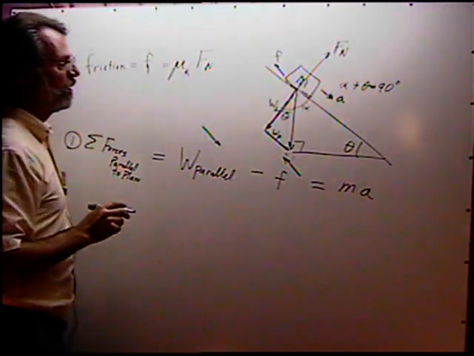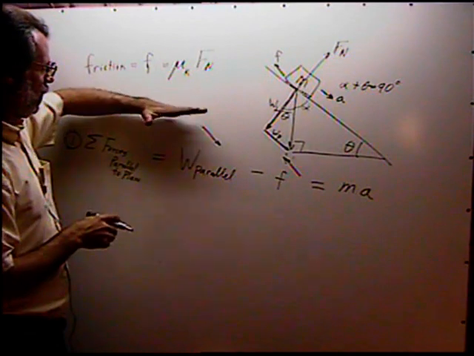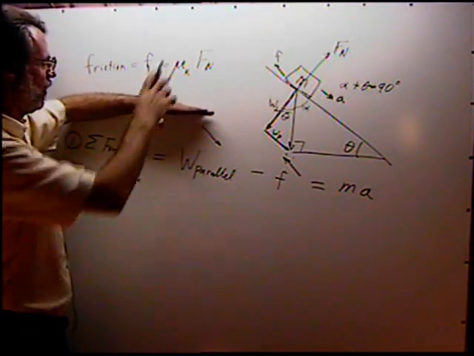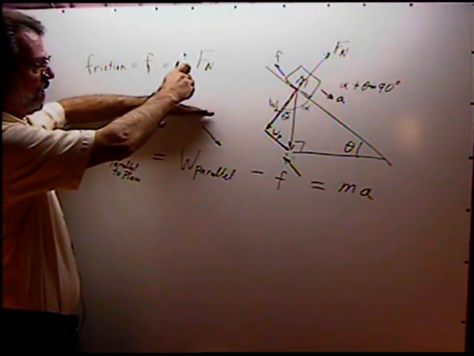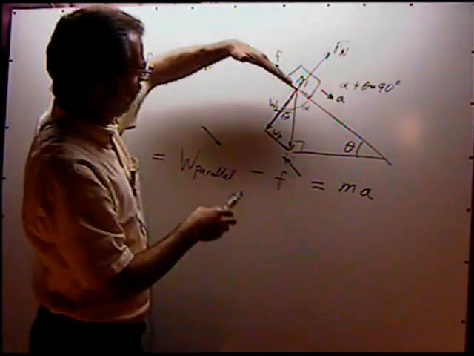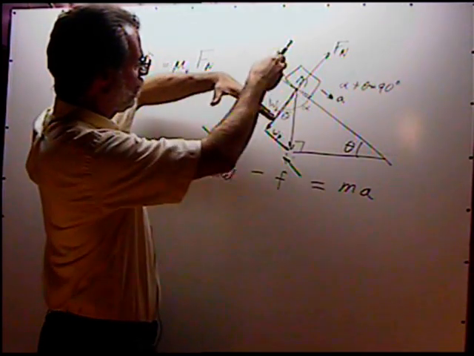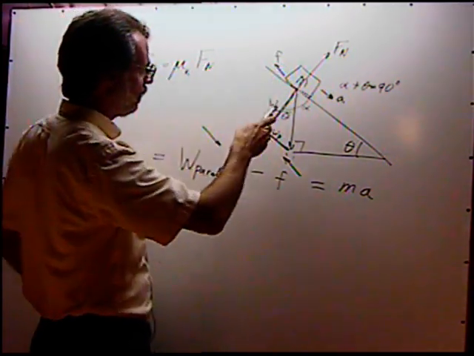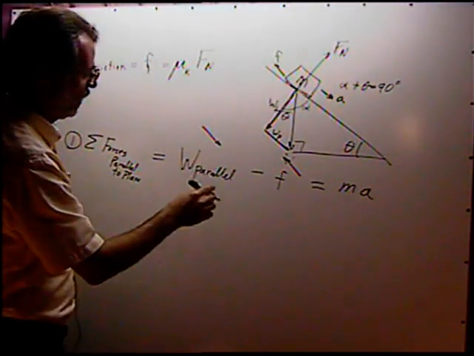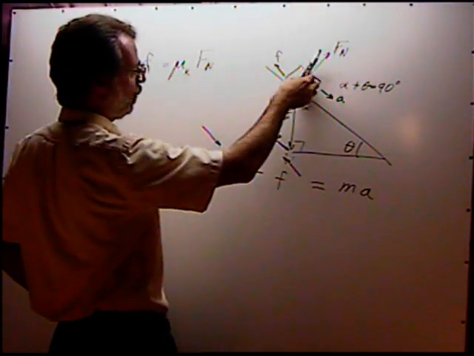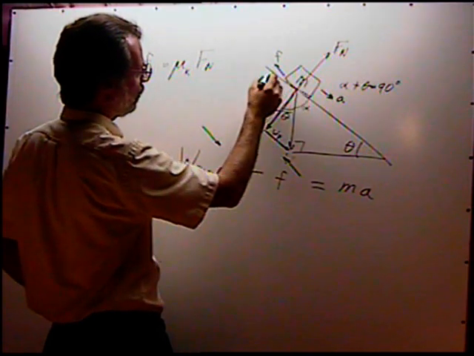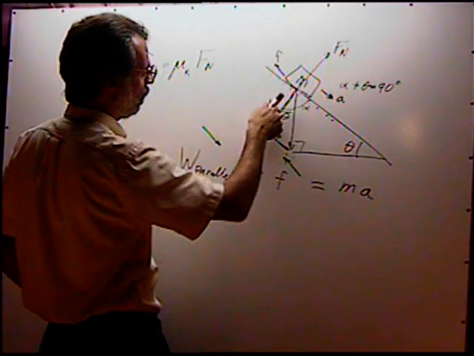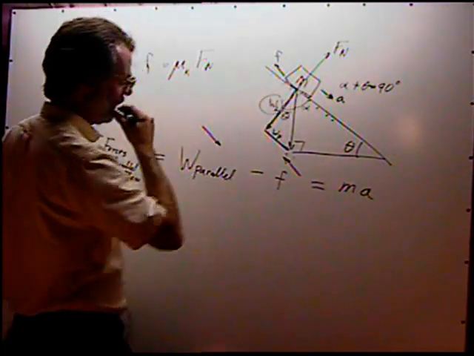Remember back in chapter 5, when the plane was horizontal, the normal force acted up. Well, in this case, the plane is tilted. The normal force acts perpendicular to the surface. It would be the force that the surface resists this perpendicular weight.